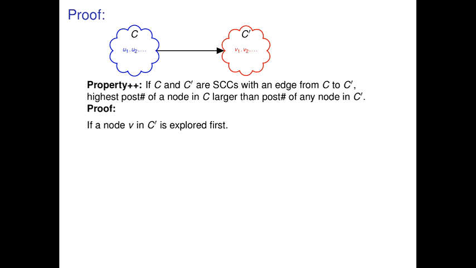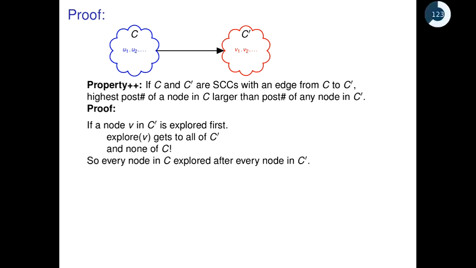Say one of these nodes V in C prime, these are all labeled V, those are all labeled U, is explored first, sometime in the depth first search algorithm, before any node in C. What happens? Do you explore all of C prime, and then you return, and only later do you start exploring C?